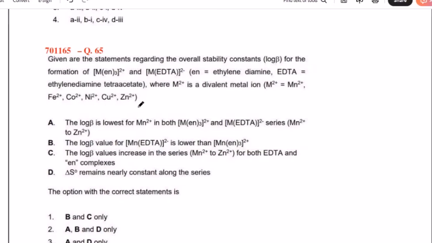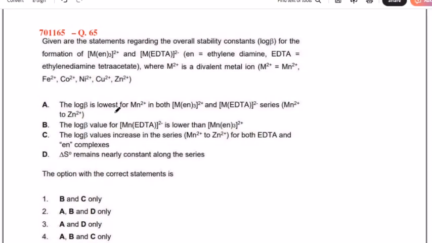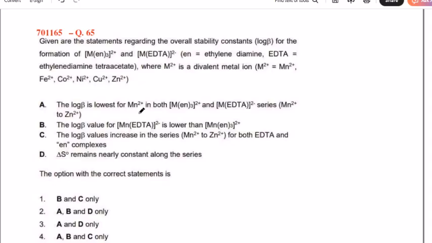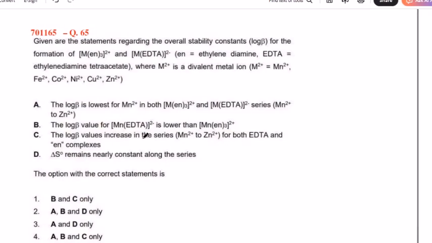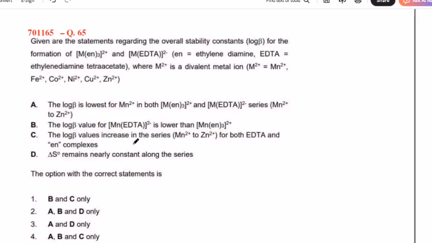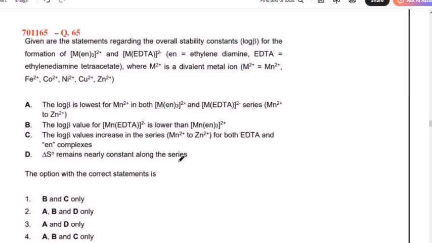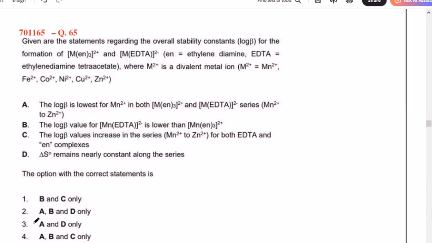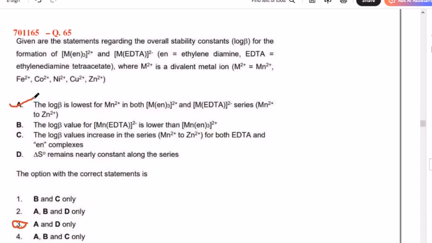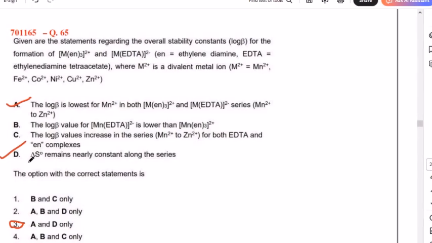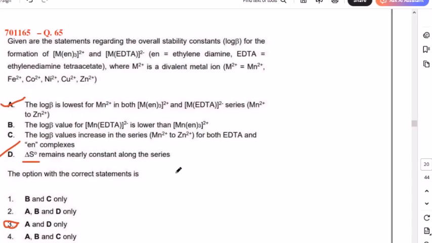Then the correct option with the correct statements: the log beta is lowest for Mn2+ in both these complexes; the log beta value for EDTA is higher than that for en; and delta S remains nearly constant along the series. So option 3, the correct statements among these 4 are A and D. Delta S remains nearly constant along the series. Option number 3 is the correct option, friends.